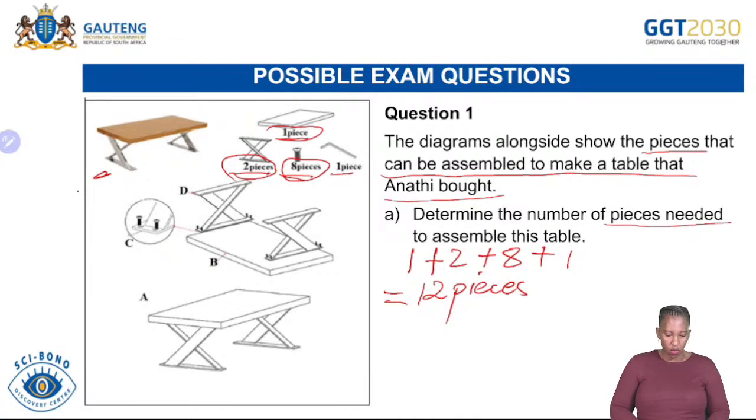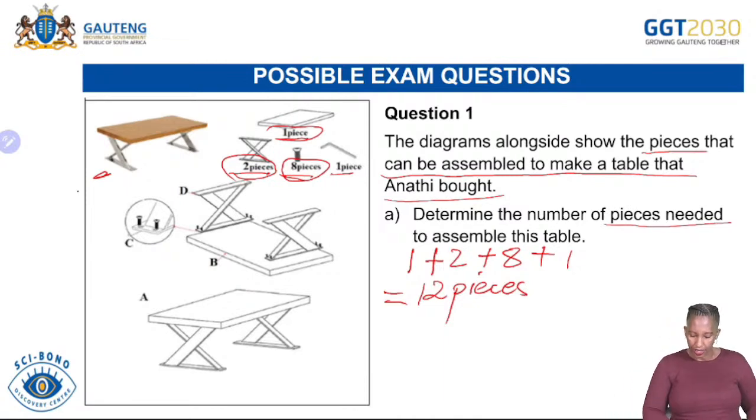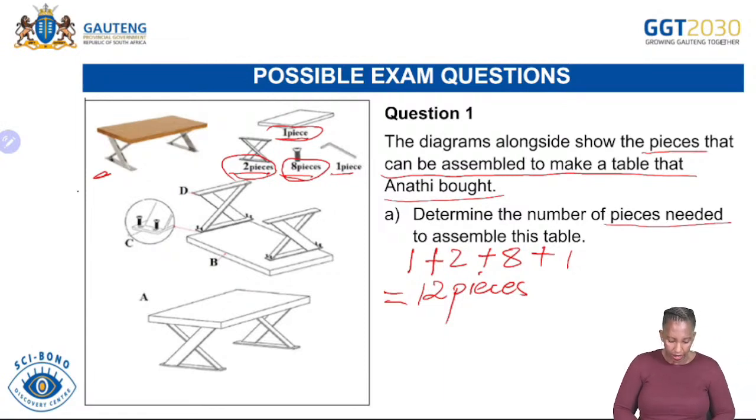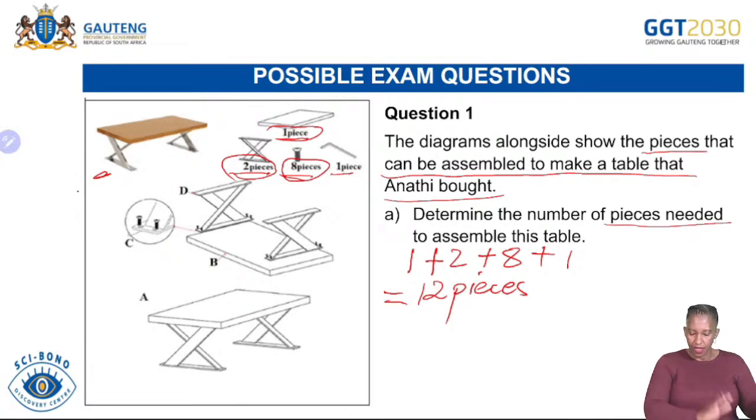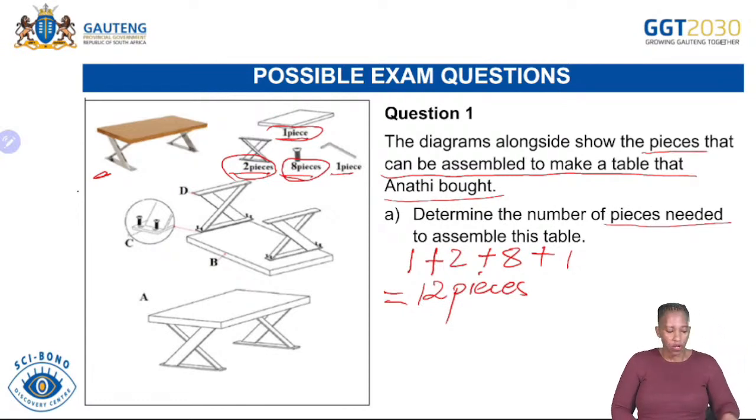They said there is one piece of the tabletop, you put it aside. There are 2 pieces of the table legs, you put them there. 8 pieces of screws, you put the screws there, and then 1 piece of Allen key. This is what you have, and you've placed everything together. They are ready to be assembled. Let's continue, boys and girls.